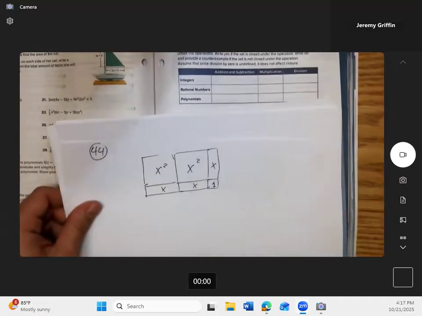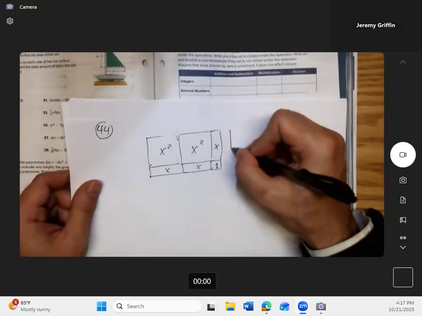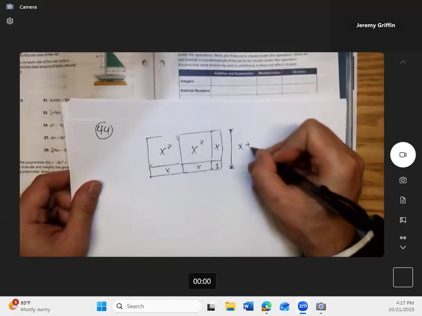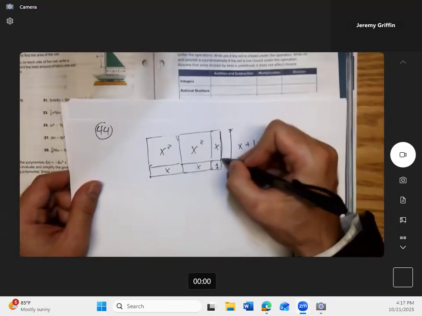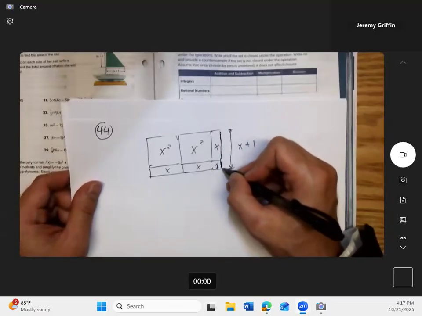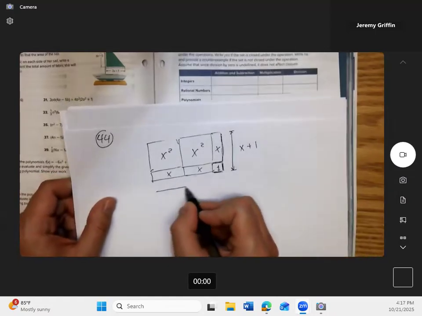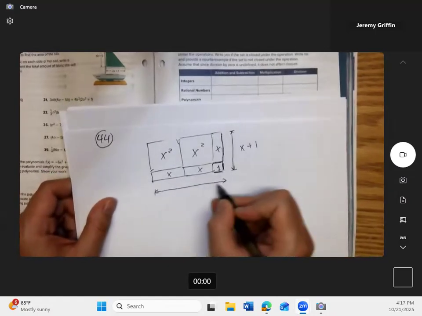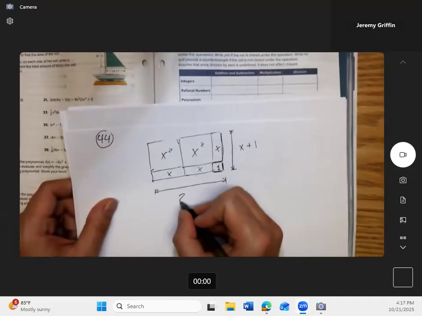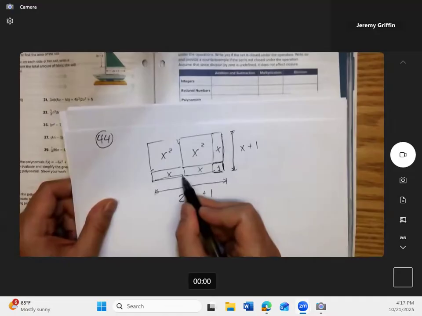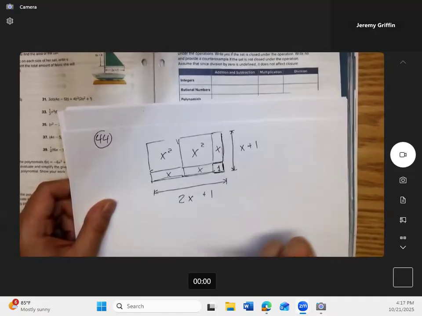Okay. So I do see that this height right here is equal to x plus 1, because this height is x and this height is 1. Okay. This width is 1, and this width is 1. And this width right here is 2x plus 1, isn't it?